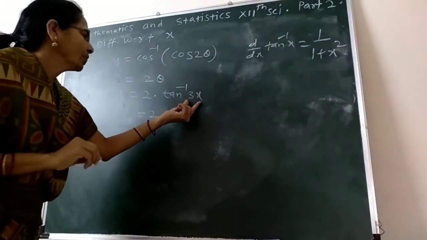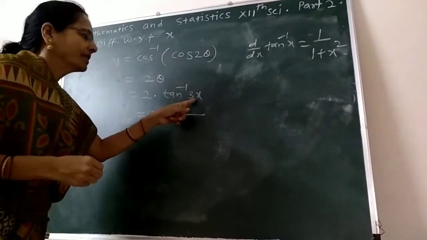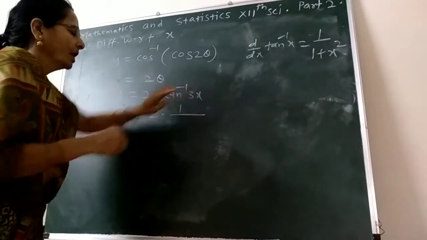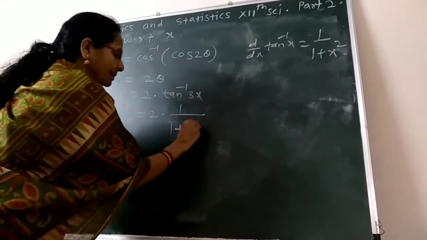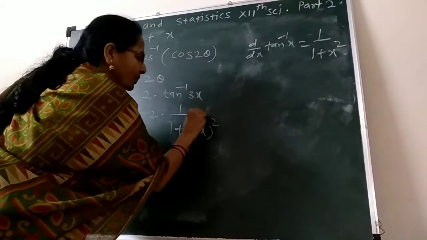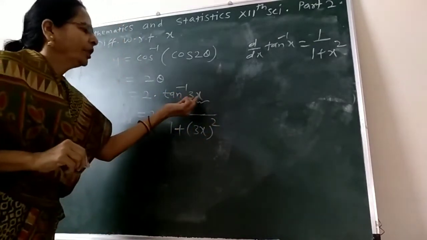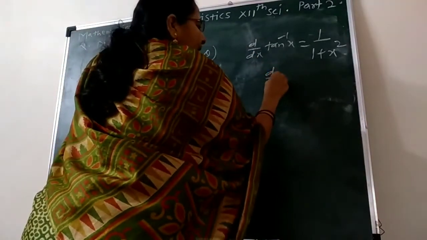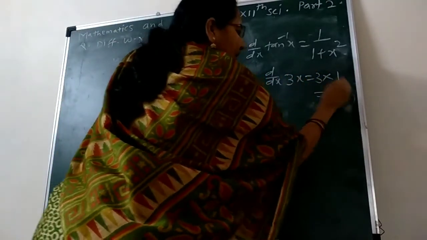Suppose this is x, so the derivative of tan inverse 3x, for the while this is x, tan inverse x gives 1 upon 1 plus x square, that is 1 plus 3x bracket square, into the derivative of 3x, which is 3 into the derivative of x, which is 1, so it is 3.